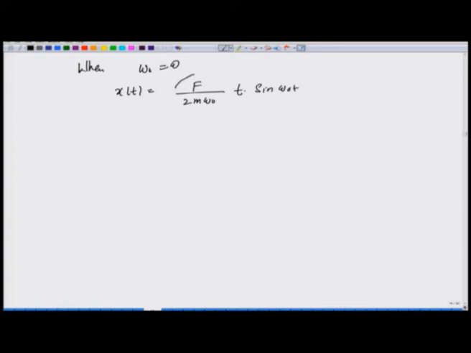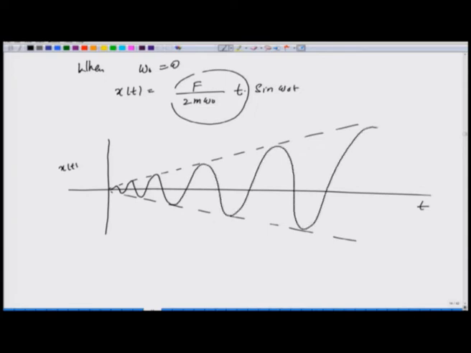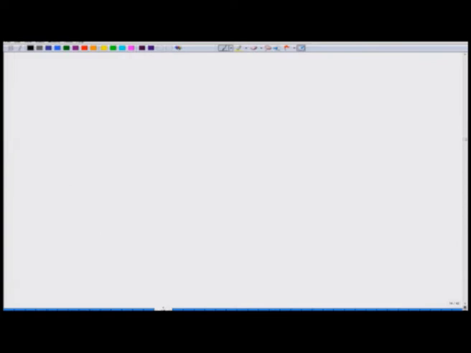If I think of this first term as the amplitude, you notice that the amplitude increases linearly, and therefore, x t versus t is going to look like this, and the amplitude will keep on increasing with time, and this is the phenomenon of resonance.